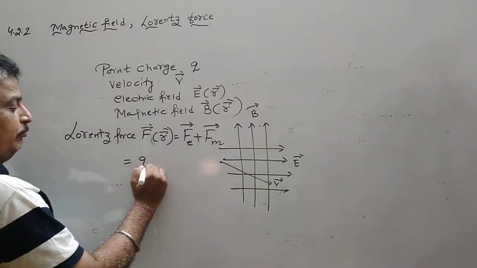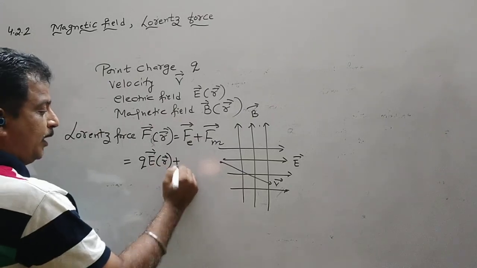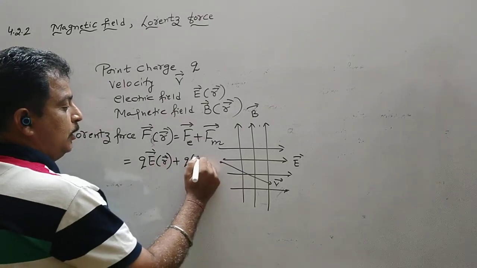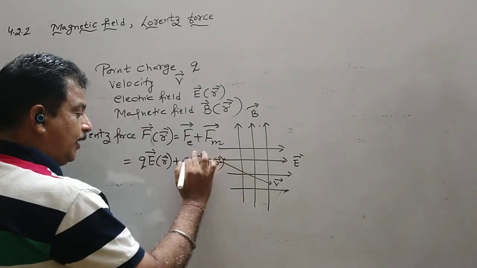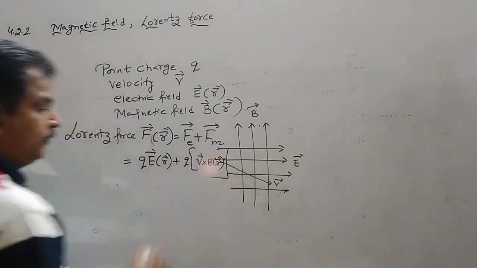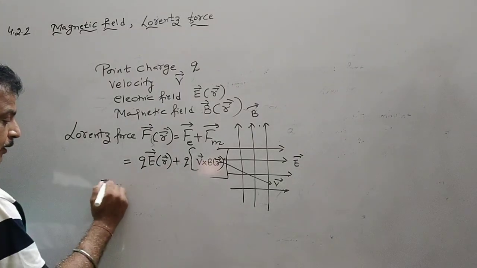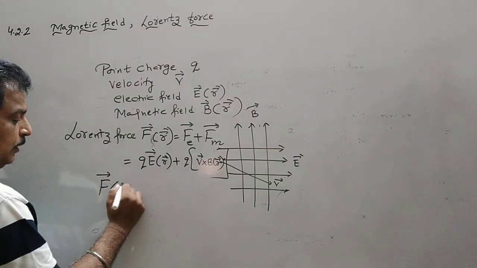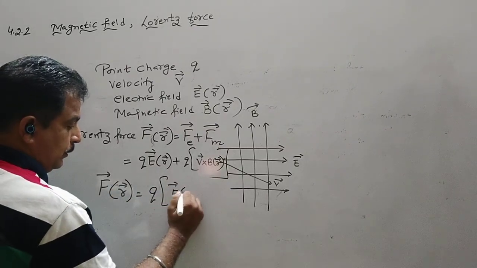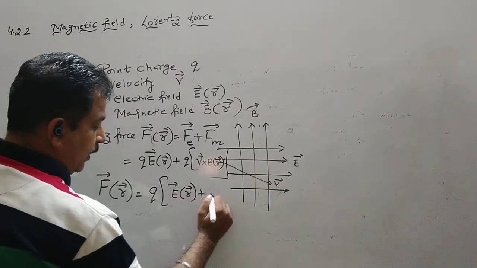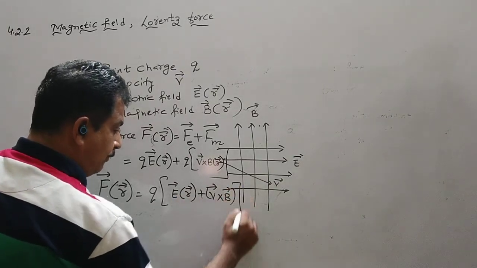Electric force we know is qE vector at any instant, plus qv cross the magnetic field at that instant. If I take q as common, the Lorentz force is given as q times E vector plus v cross B vector.